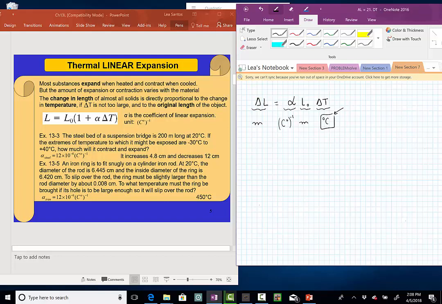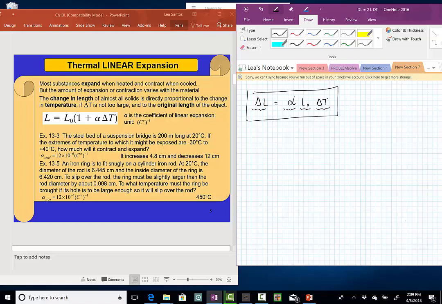All right, now we are going to solve some problems. I'm going to read it first with you, and then I'll let you stop. My suggestion is you stop the video, try to solve, and then we come back and solve together. But let's see. So this is by how much this material will expand if I'm heating it up, or by how much it will contract if I'm cooling it down.